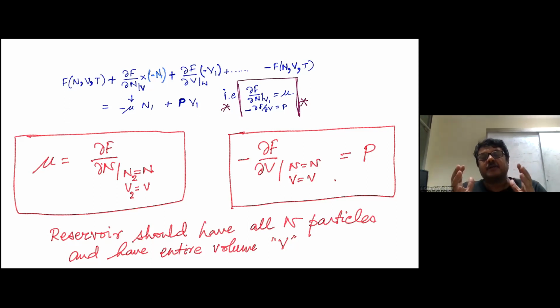So to calculate the chemical potential, you need to have n particles in the total reservoir, which has the total volume V, and when you add a particle, how much is the change in free energy? I have put in a different slide to highlight this aspect. So the reservoir should have all the n particles and the entire volume V.